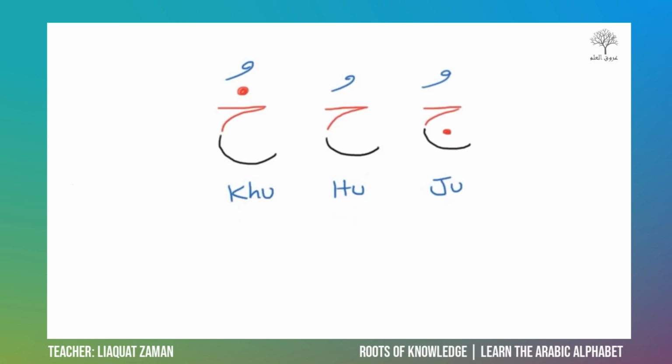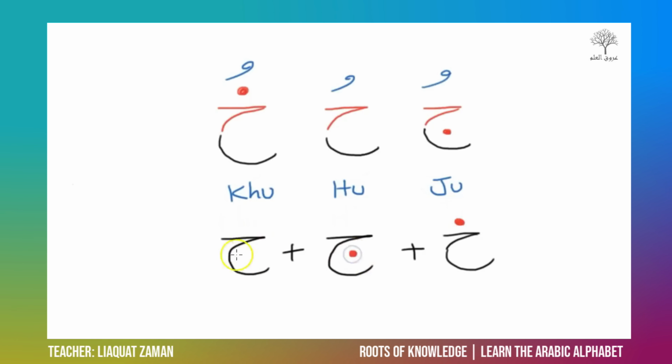Okay, let's have a go now at putting these letters together. So let's say we had a combination. You add some vowels onto this, one there, and one there. How would you pronounce this?